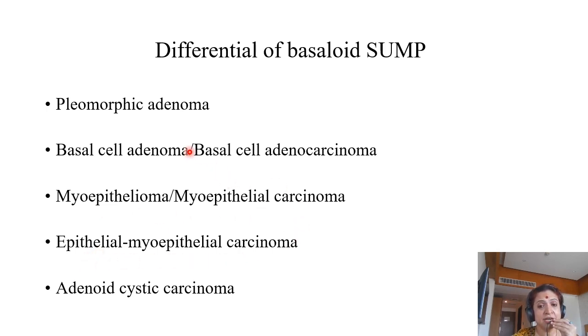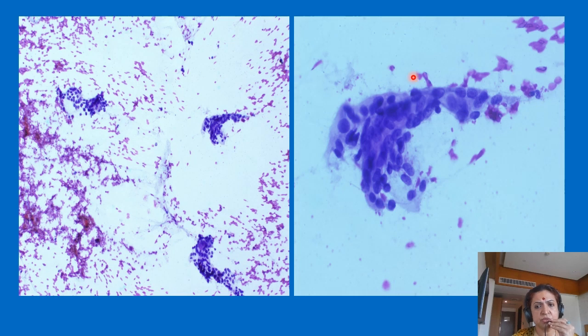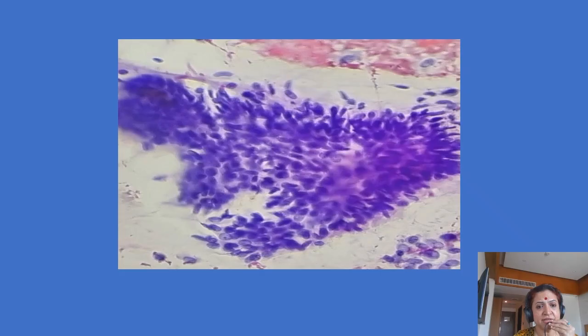See, these are differentials which are even challenging in histopathology. So you can imagine the difficulty to categorize these lesions correctly in FNA unless it is a classical morphology. So these are examples of some basaloid looking cells. We can't actually categorize them into any definite entity.